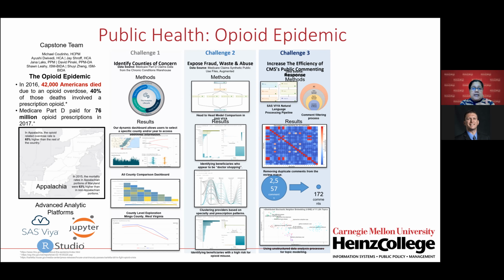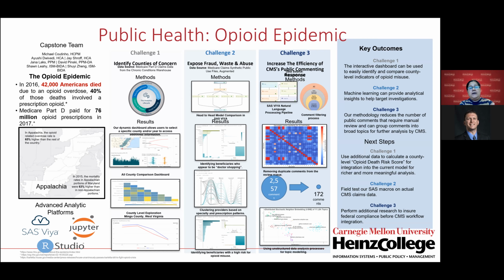So you see, depending on the data that's available, there are multiple questions that we can frame and then apply lots of different methods to the data to generate the outcomes. In the first instance, challenge one, identifying counties of concern, the team created a dashboard to easily identify and compare county-level indicators of opioid misuse.